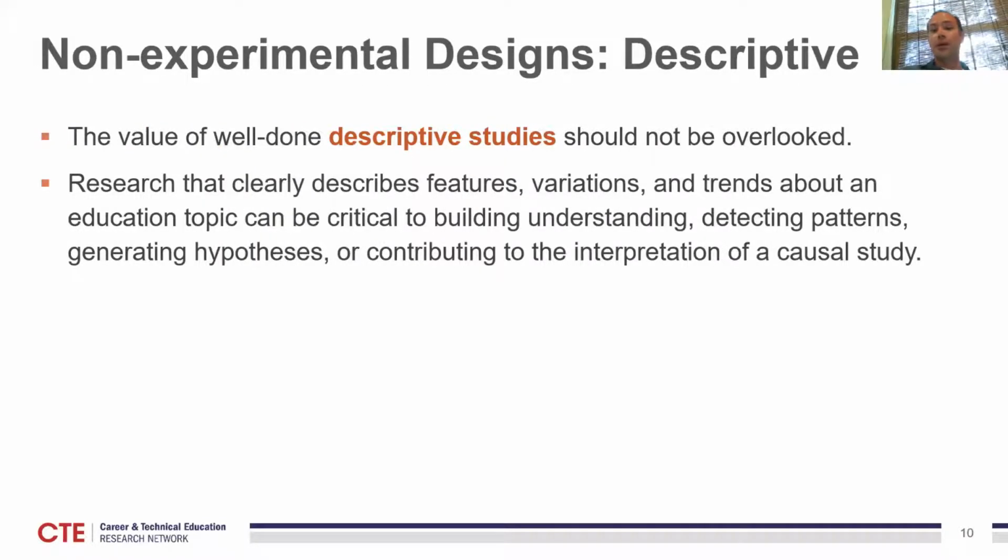So descriptive studies, I don't want to discount the value of descriptive or correlational studies, and the value of a well-done descriptive study shouldn't be overlooked. Research that clearly describes the features, variations, and trends about an education topic can be critical to building understanding, creating hypotheses, or contributing to the design or interpretation of a causal study.